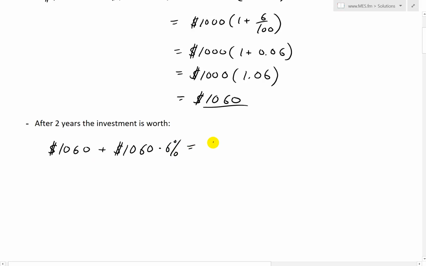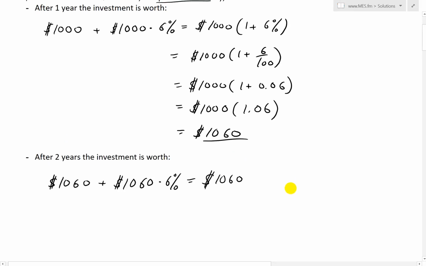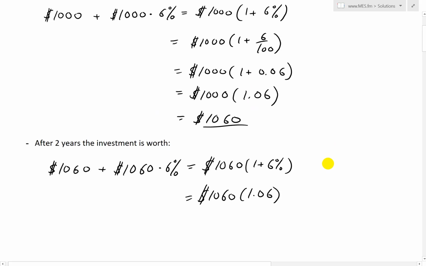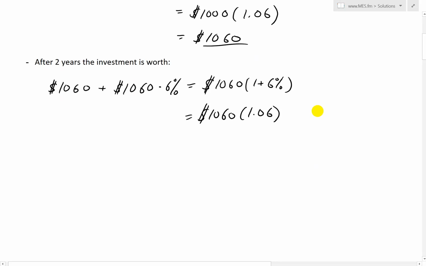And we're going to go through the exact same steps. This is going to be 1060, and then factoring out, 1 plus 6%. So this is going to be 1060 times 1.06. Notice we got to this point right here, but this 1060 just equals 1,000 times 1.06.